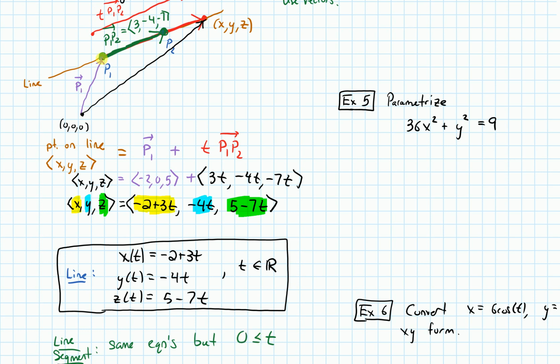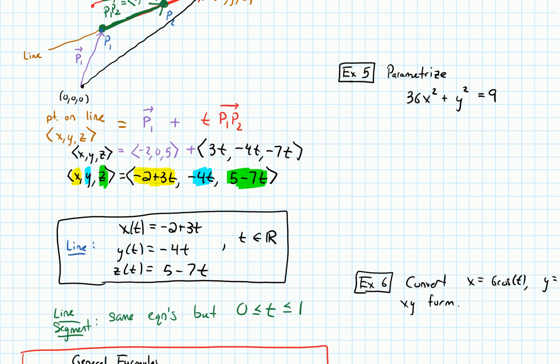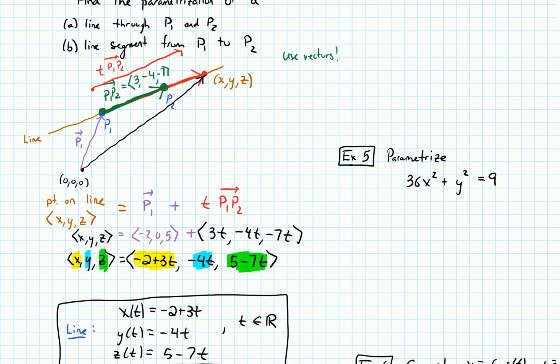That's what would put us at P1. And if we wanted to put it at P2, then the stretching factor should be 1. In other words, we shouldn't stretch it at all. So t needs to be between 0 and 1 with these same equations, and then we get a line segment instead. But the key idea here is that these equations for this line and this line segment are all motivated by vectors.